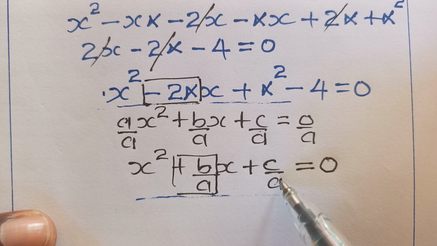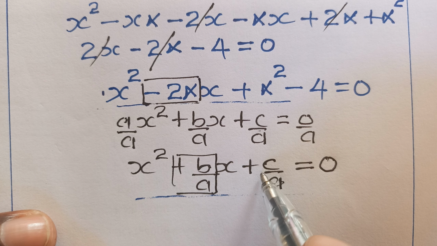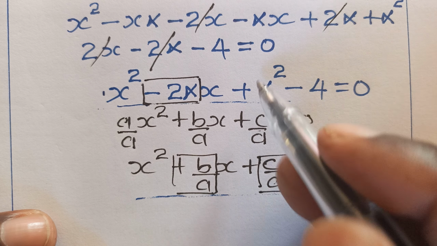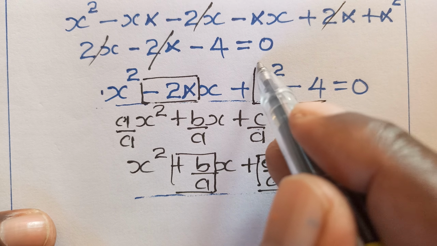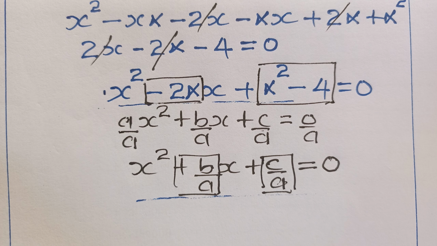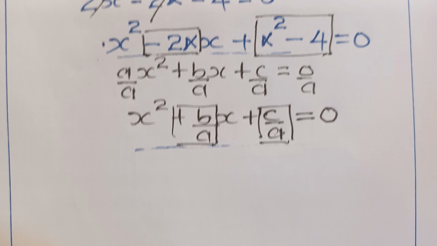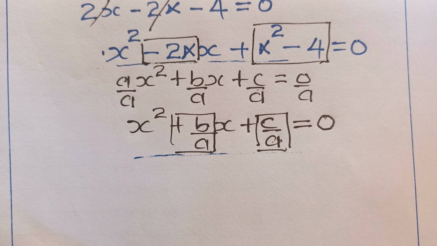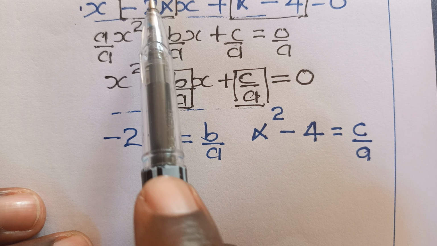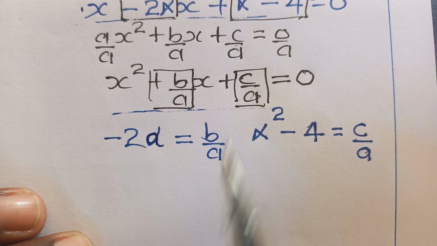Coming to the constant, c all over a should be equal to alpha squared minus 4. And that's what, guys, we are going to equate. So this is our result. We equated that to that and that to that.